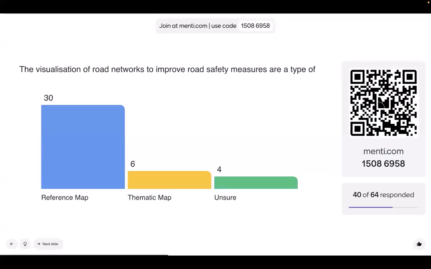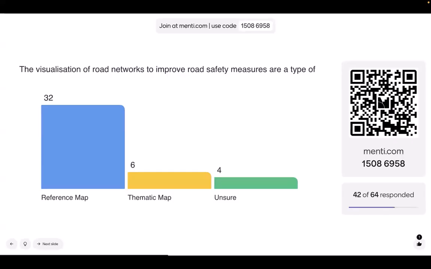At first glance, yes, this can be said to be a type of reference map because we are simply pinpointing existing road networks onto a map, right? We are referencing what already exists in our physical environment. However, this might be said to be a type of thematic map because what we are actually doing is studying the existing road networks to then improve road safety measures, which can be seen as a type of accident analysis.